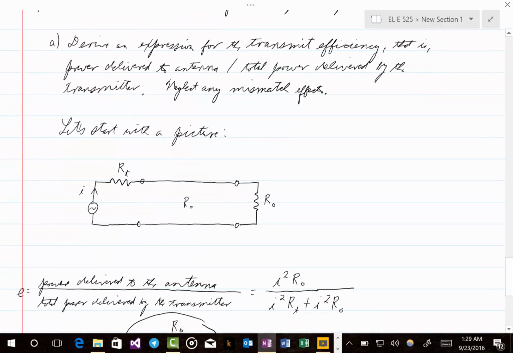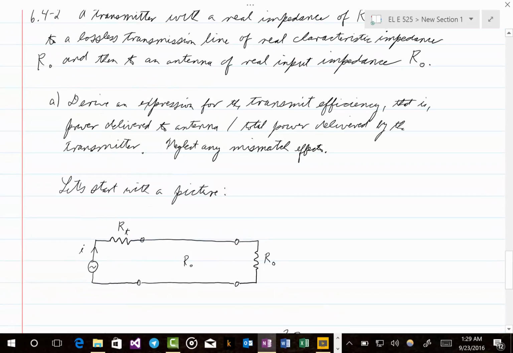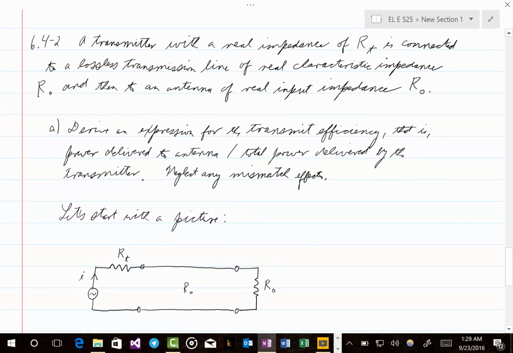So in order to derive this efficiency, let's first, again, as we did in the previous problem, start with a picture so we make sure we understand what's going on. Here to the left of this first pair of terminals is the transmitter, and here is RT, the impedance of the transmitter, as was mentioned in the problem.